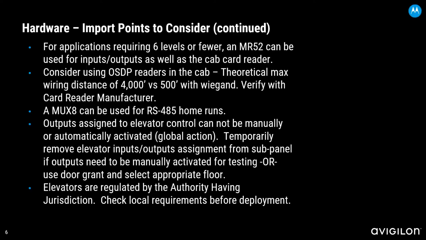A couple different ways that you can handle that. You can turn off the elevator assignment for the subcontroller, and then that will allow you to manually trigger those output points. Or you can simply do a door grant. If the elevator is completely set up, when you do a door grant on an elevator door, then you'll get an additional pop-up that asks you to select which level you want to do a door grant on. So just keep that in mind.